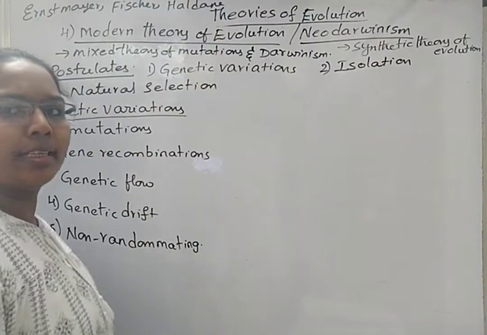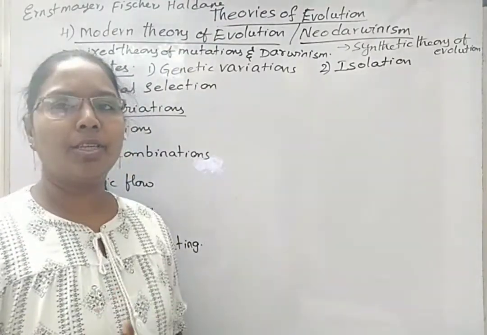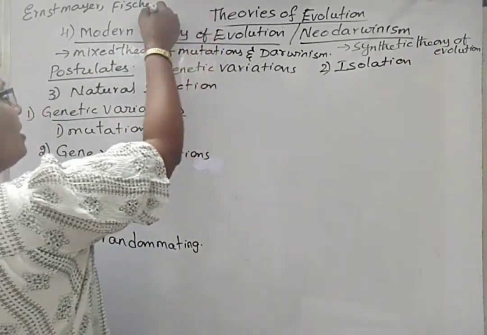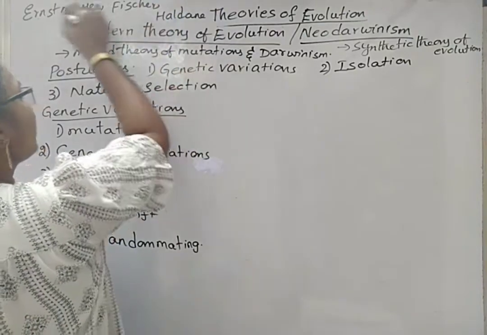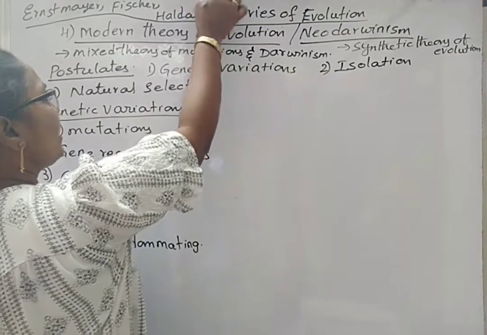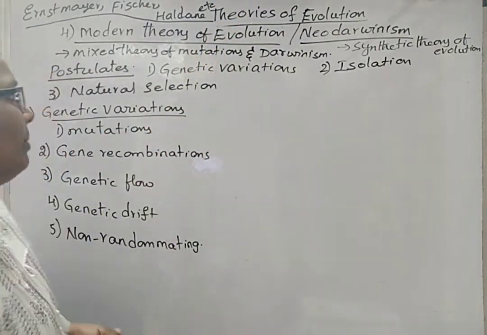A few more scientists were also involved in giving out the modern theory of evolution. There are many other scientists more than this, so we'll write etc. So this theory is given by a number of scientists.